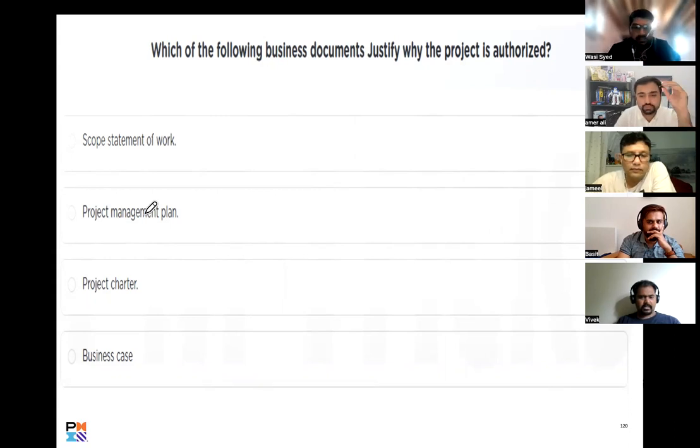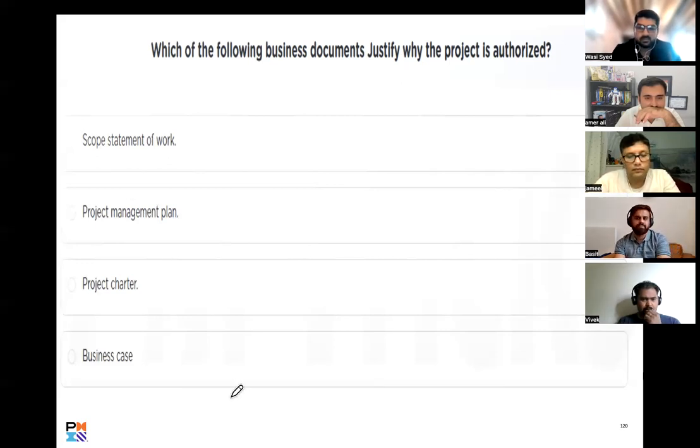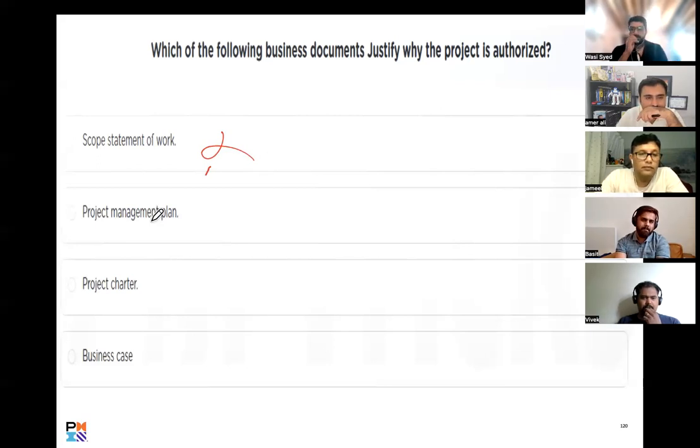Since it is saying about this authorization, right? Why is the project authorized? It can't be the scope of work, the scope statement of work, that is eliminated. The project management plan talks about the project overall, right?